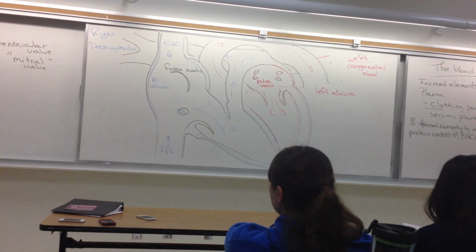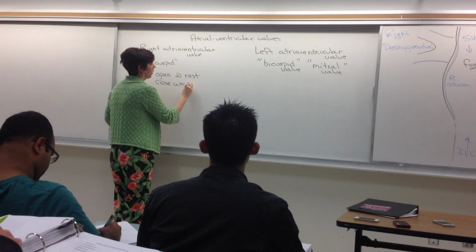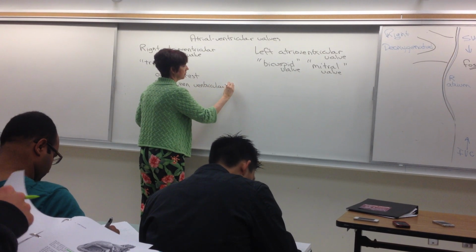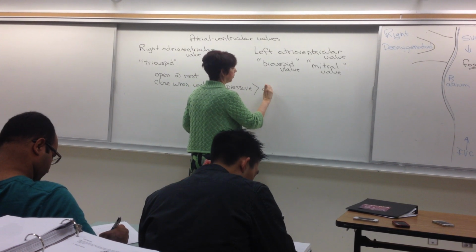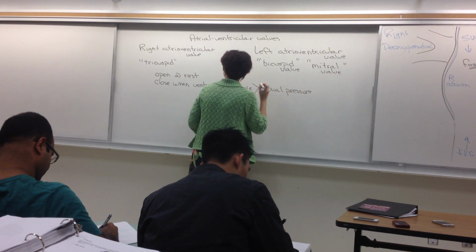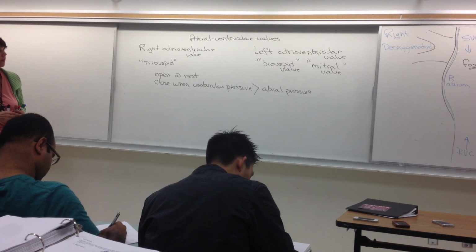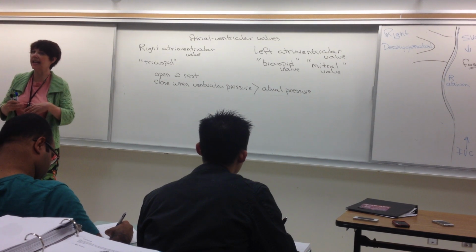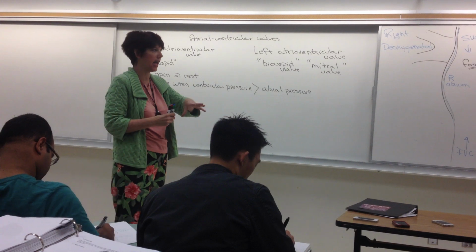So the valves will close when ventricular pressure is greater than atrial pressure. Now notice we're still maintaining deoxygenated blood on the right side and oxygenated blood on the left side.